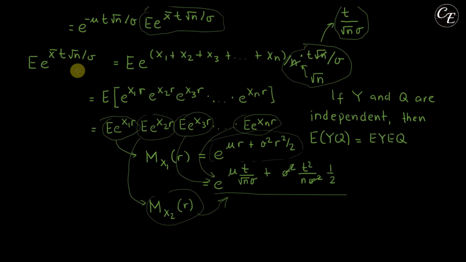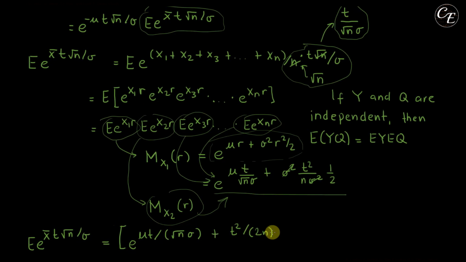So what happens now for this expression in here, it is equal to this expression being multiplied n times. So we have here expectation of e raised to x bar times t square root of n over sigma is equal to this term e raised to mu t over square root of n times sigma, and then plus t squared over 2n, and then multiplied n times.